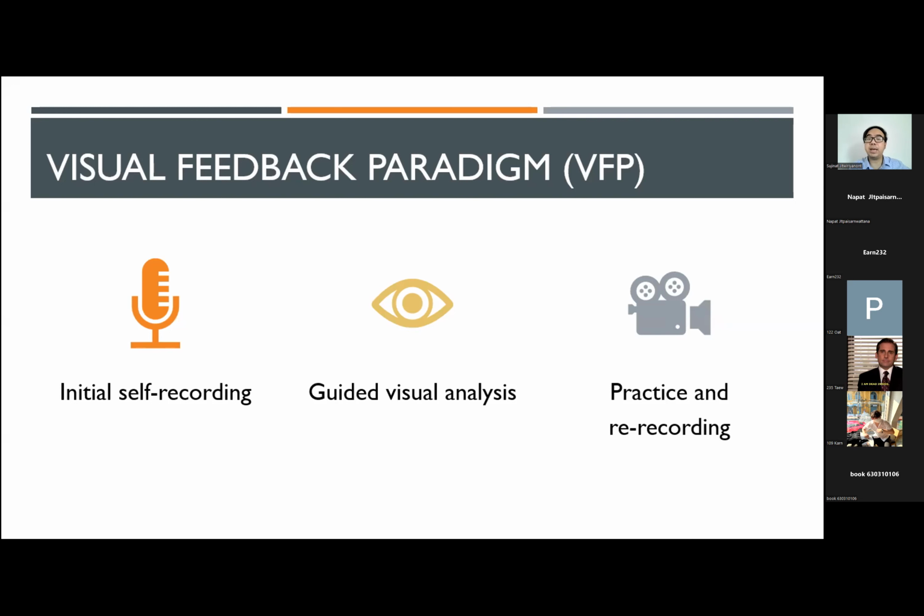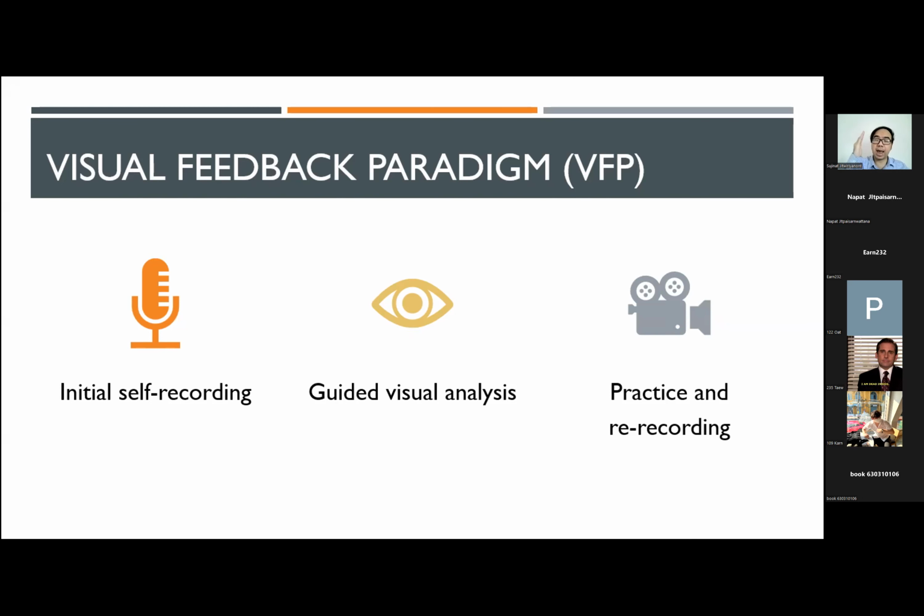And you can keep practicing and re-recording to see whether the sound has changed towards the pronunciation of the model speaker or not. If you are interested in this technology, you can use it to investigate your production. Okay, so I will illustrate how you work with Praat.